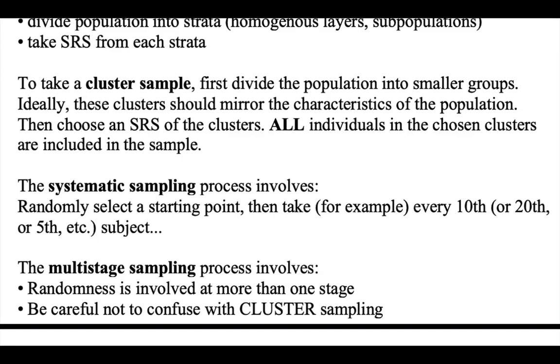So with checkpoints, how do they decide who goes through and who they stop? This is how they decide. It's predetermined. The police or the sheriff or whoever's doing the stopping, if it's a checkpoint in the city, the police, if it's in the county like us, it's the sheriff's department, they come up with an idea. We're going to stop every 5th car. We're going to stop every 6th car.